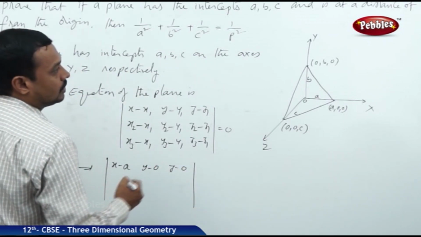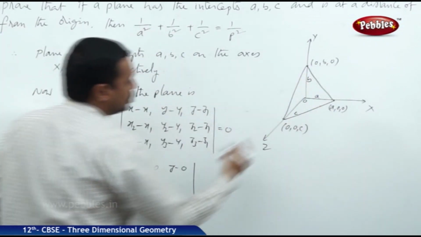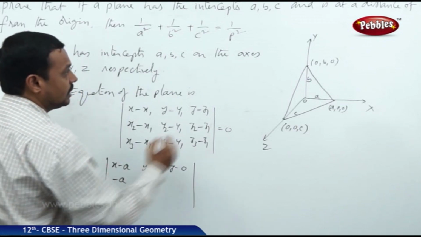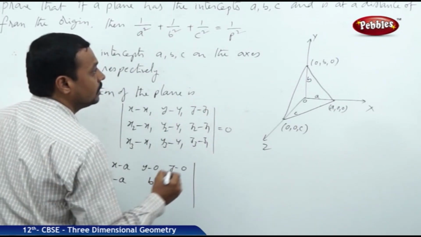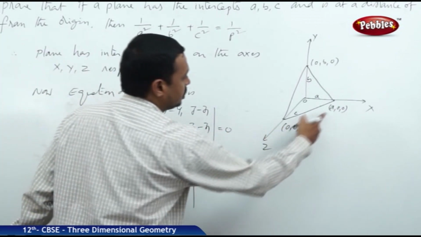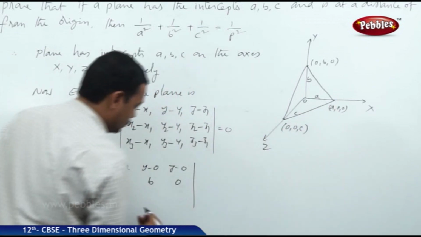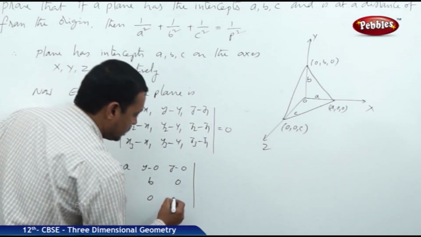Next, x2, y2, z2: 0 minus a, b minus 0, 0 minus 0. Then x3 minus x1, 0 minus a, 0 minus 0, and c minus 0.